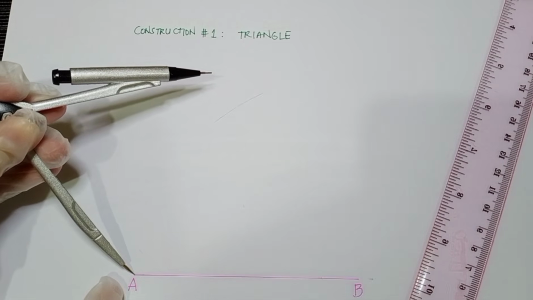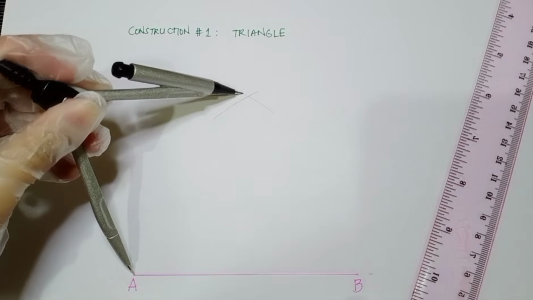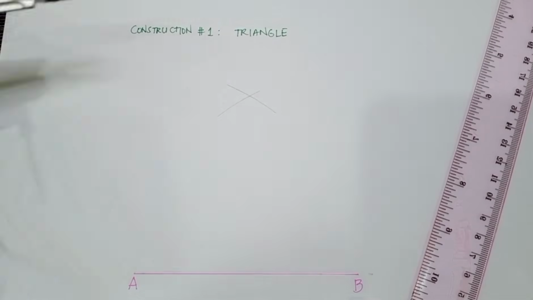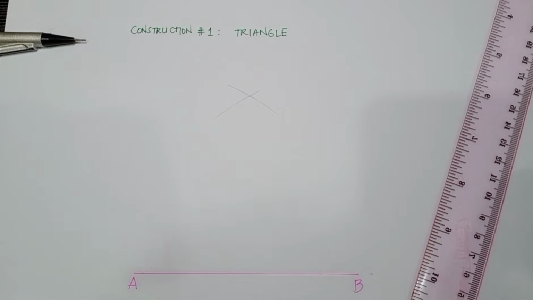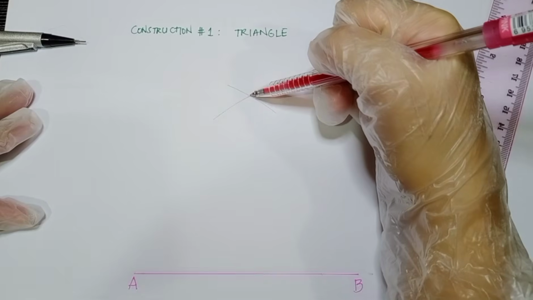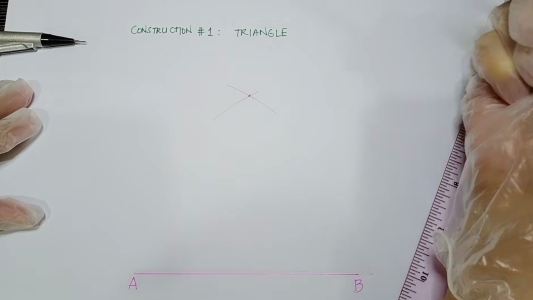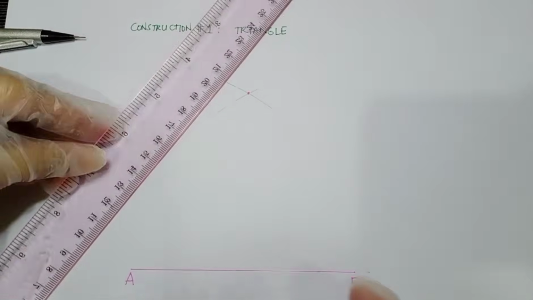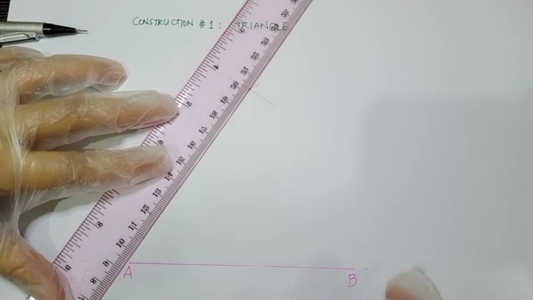So, lagay po natin yung center point. And then, gawa po tayo ng arc dito. Okay? So, as you can see, nagkaroon po tayo ng intersection. So, ito po yung ating intersection. Okay? So, ang gagawin po natin ngayon, i-connect po natin yan. So, gagamitin po natin ang ating ruler.